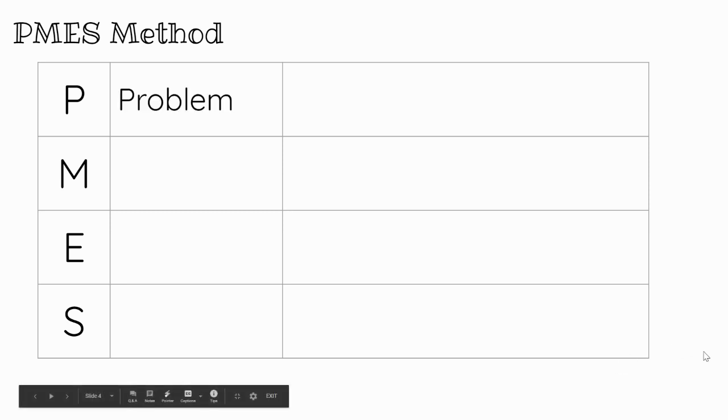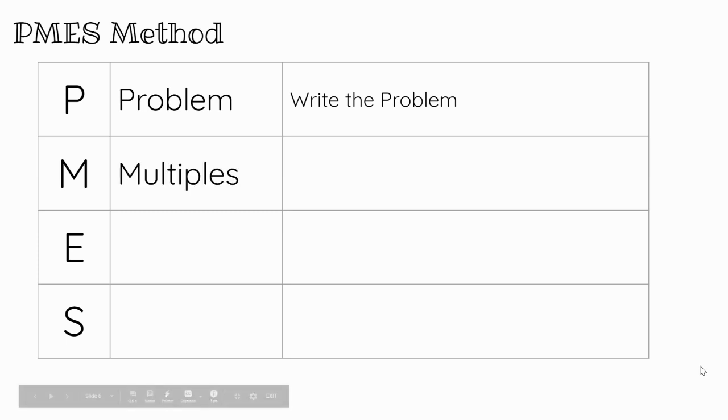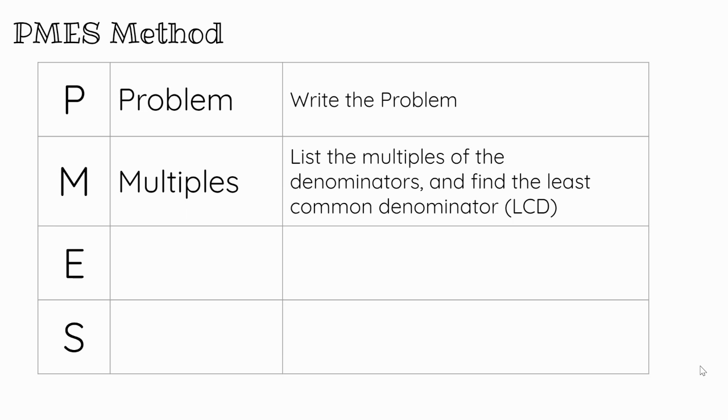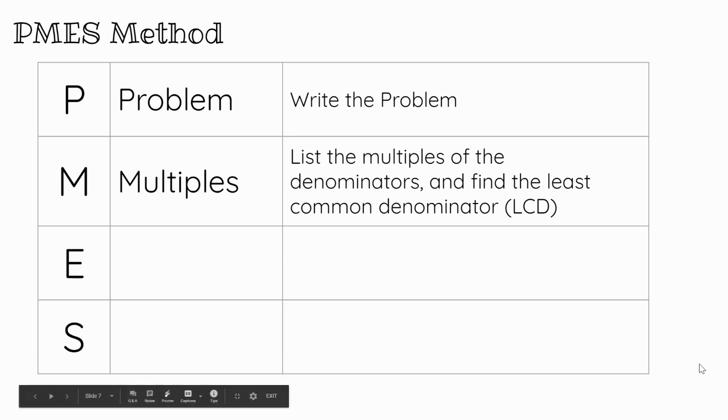This should be an easy method for you to remember because you go to Pembroke Meadows Elementary School. So the P stands for problem. That just means we're going to write the problem. The M stands for multiples, which means you're going to list the multiples of the denominators of both of your fractions and then find the least common denominator.